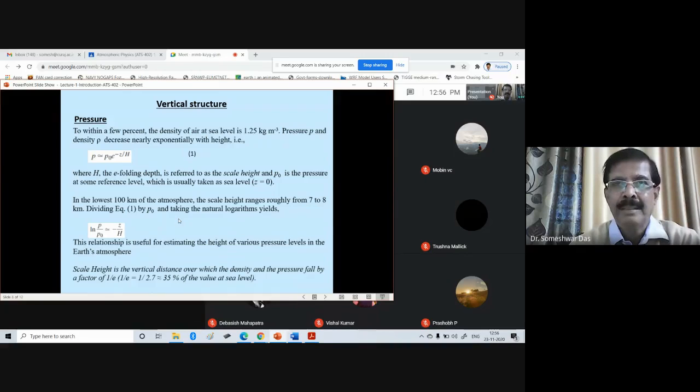There are many places where you have hill stations, like Kodaikanal in the south. Kodaikanal is a hill station, right?